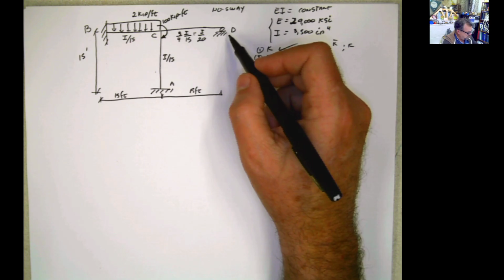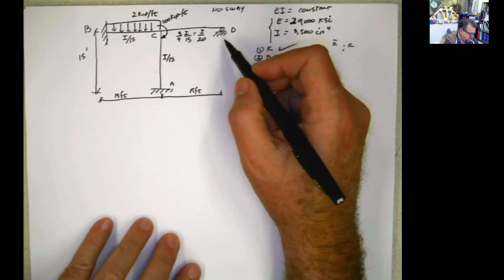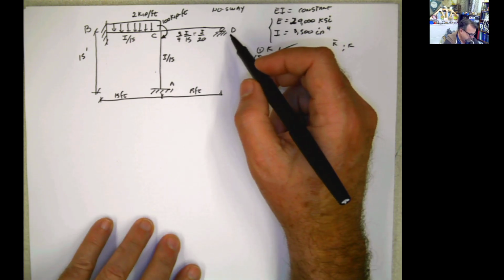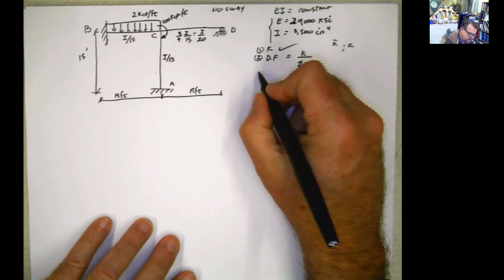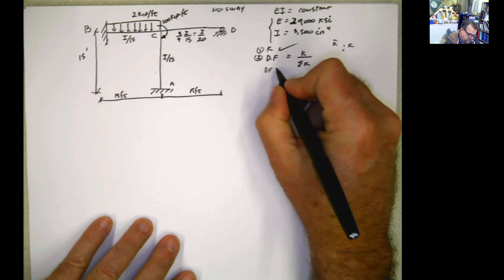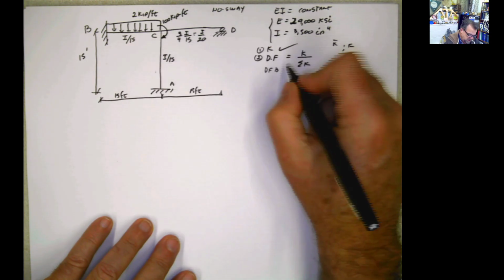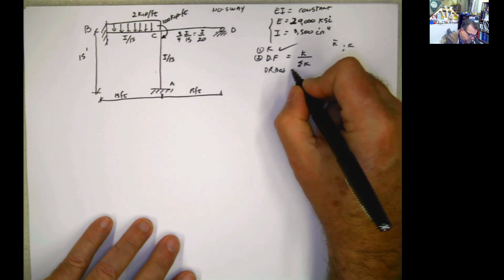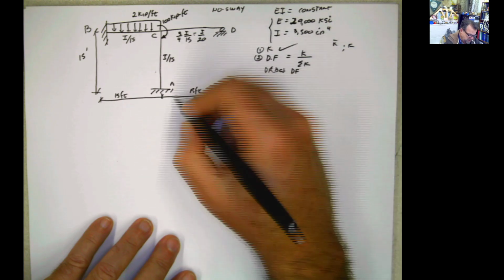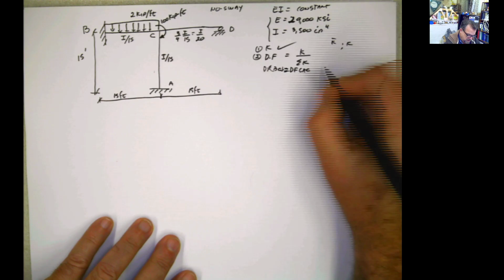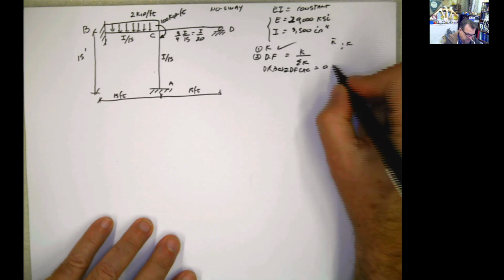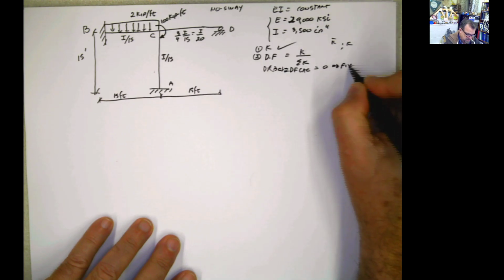However, we're going to be using a bunch of simplifications for that. But let's put it here. Distribution factor BC equals distribution factor AC, and this is 0 because it's a fixed support.